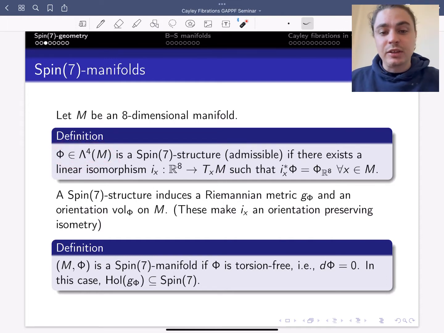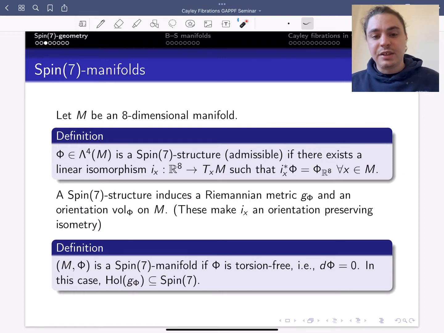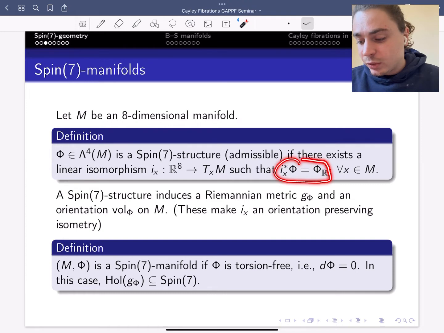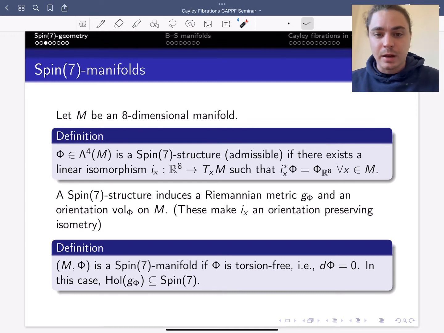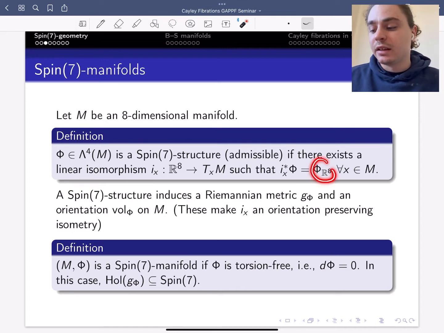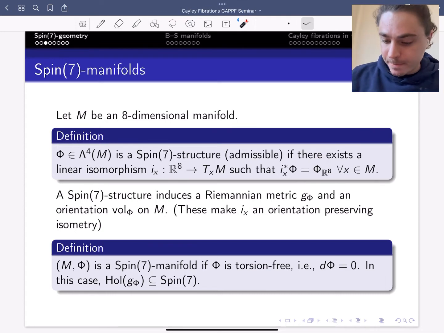This Phi is said to be a spin 7 structure or an admissible 4-form if it admits a linear isomorphism I_x from R8 to T_xM such that I_x star of Phi is equal to Phi of R8 at each point of M. What does it mean? It means that we are identifying R8 with the standard Cayley 4-form, the local model, with the tangent space and our global 4-form.